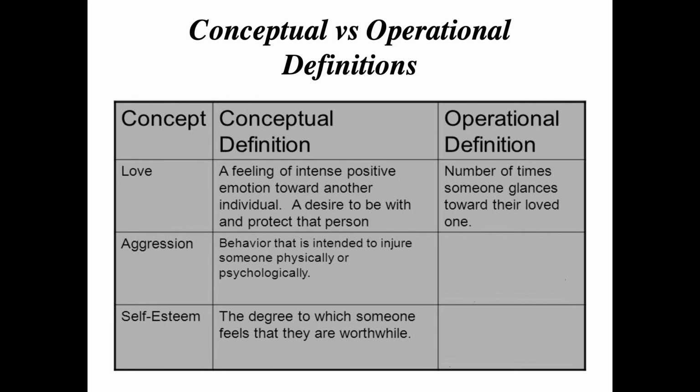So the more somebody glances towards their loved one, the higher the magnitude of love would be. Again, that's just an example, to bring across the point that we have to operationalize our variables to make it more convenient for us to measure them.